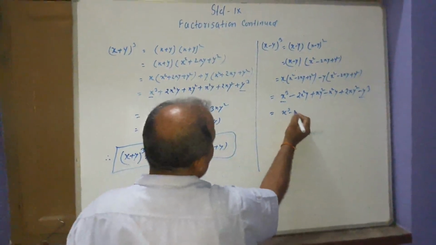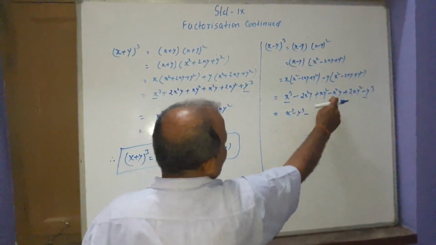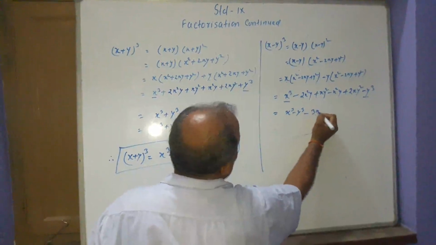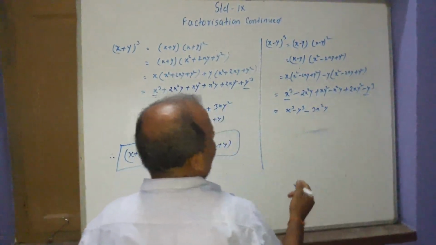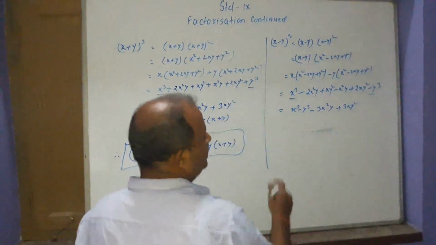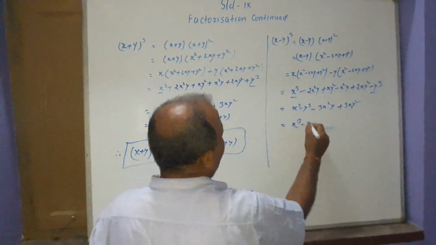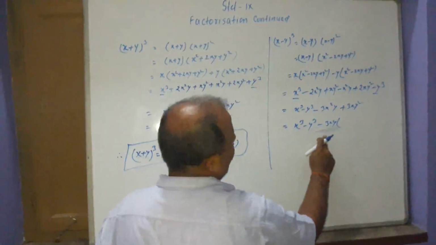This will give x cube minus y cube minus 2x square y, minus x square y. This will give minus 3x square y plus xy square plus 2xy square. This will give 3xy square. Now x cube minus y cube minus 3xy will be taken as common.